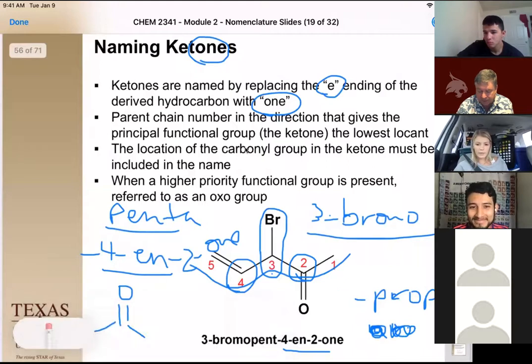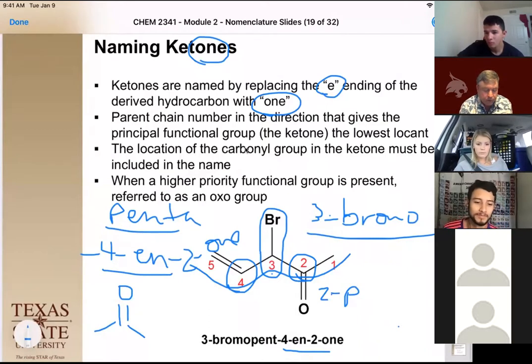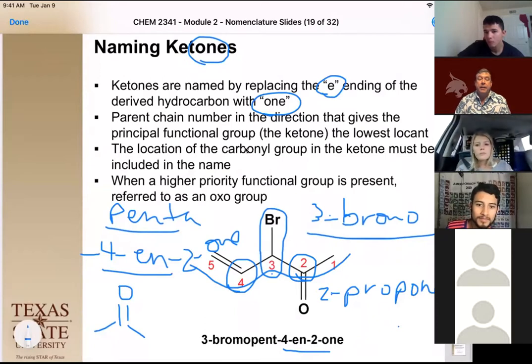I have the wrong stylus and it's a much different feel to it. Okay, 2. There's 3 carbons, so it's prop. It's on the 2 position. Propanone. There we go. So again, it's the longest chain. Locate where your ketone is.